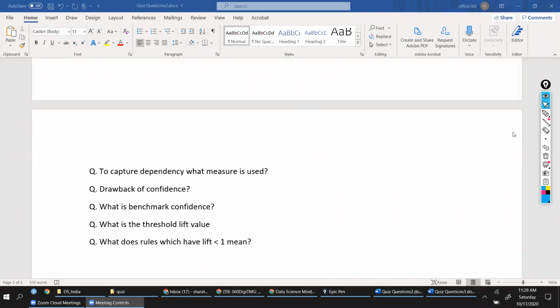Lift is interpreted as dependency by independency, right? If it is greater than 1, that means dependency is more. If it is less than 1, that means independency is more. Right?